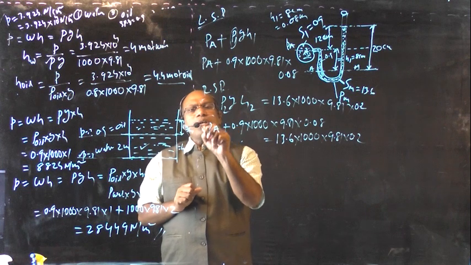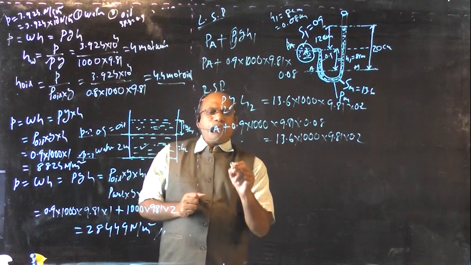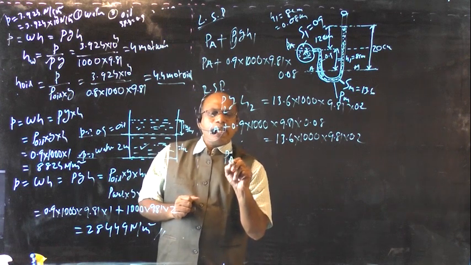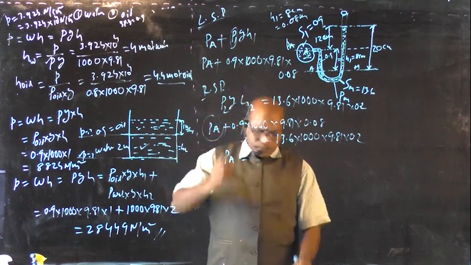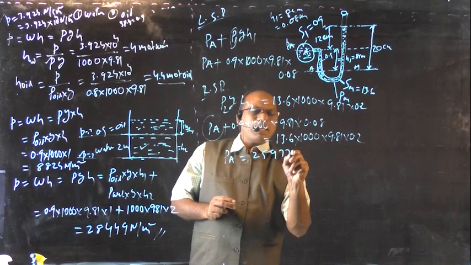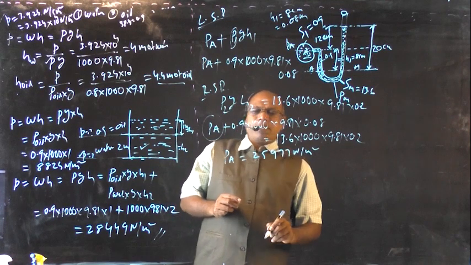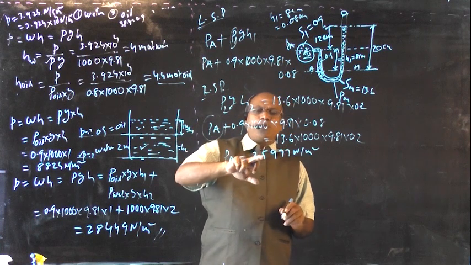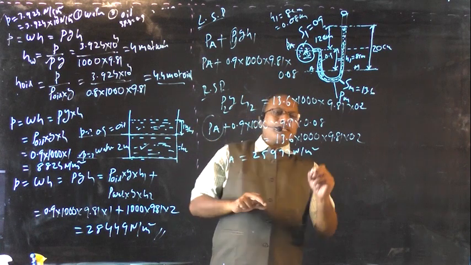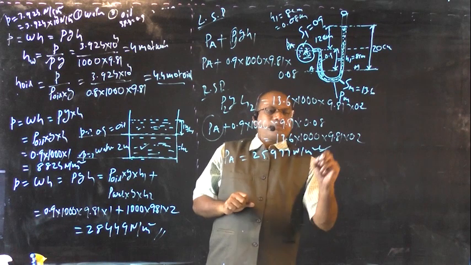Here the only unknown is PA. Therefore the pressure at point A, PA, is equal to 25977 Newton per meter square.